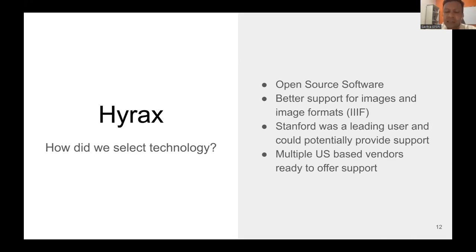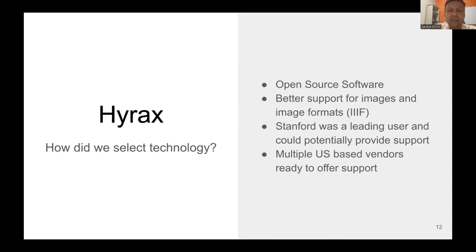In general, nowadays with cloud technology and the way things are done in an automated fashion, issues are rare. And if there is an issue, we'll have to deal with it. So there were vendors available as well, and we felt that here also, because it is open source and we could make changes, we could customize the software, and we had good support from Stanford.